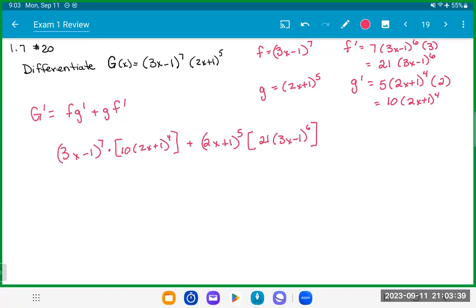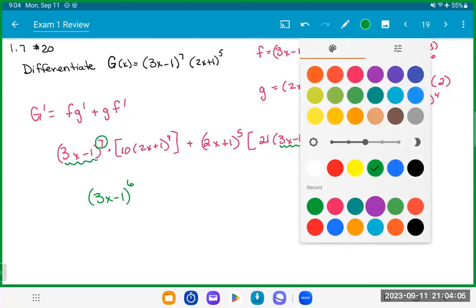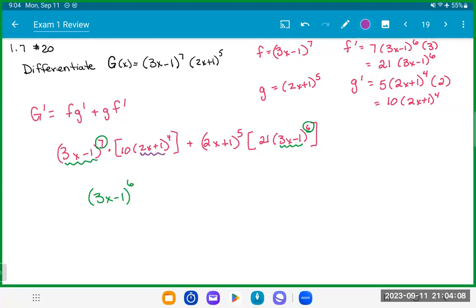So very similar to a problem we worked a little earlier tonight, where we're factoring out common terms. I have this 3x − 1 with an exponent of 7, and I have 3x − 1 with an exponent of 6. So I'm going to factor (3x − 1)^6 out. I also have this (2x + 1)^4 and (2x + 1)^5, so let's factor (2x + 1)^4 out.